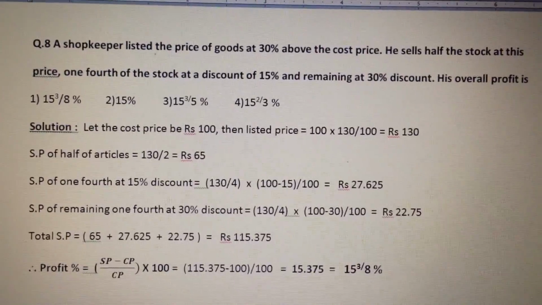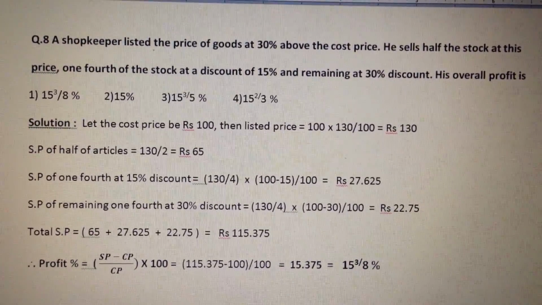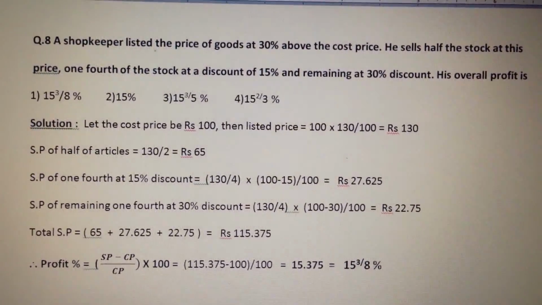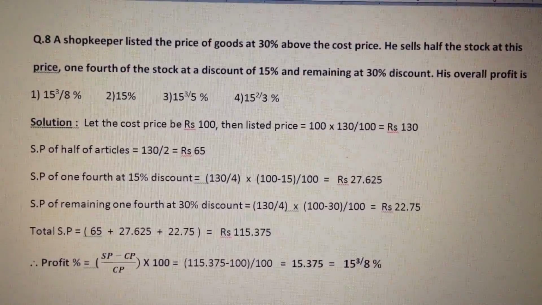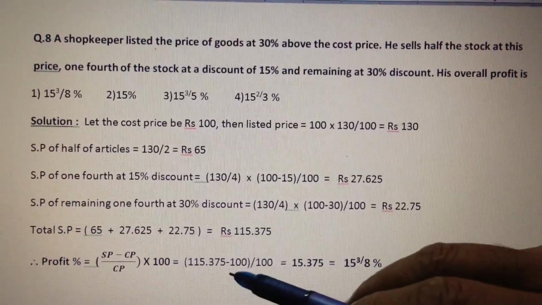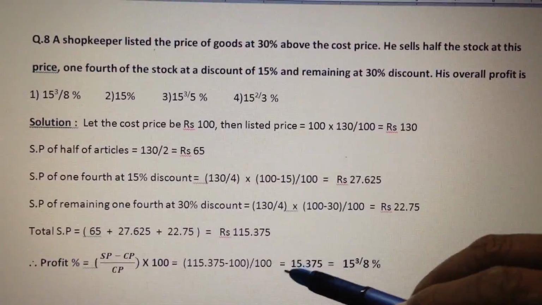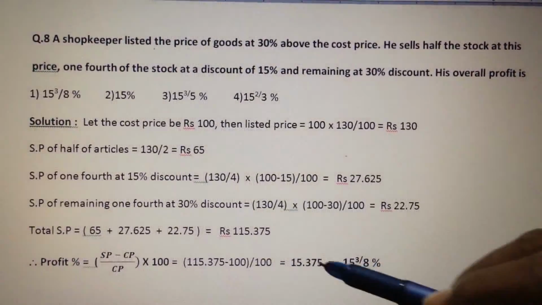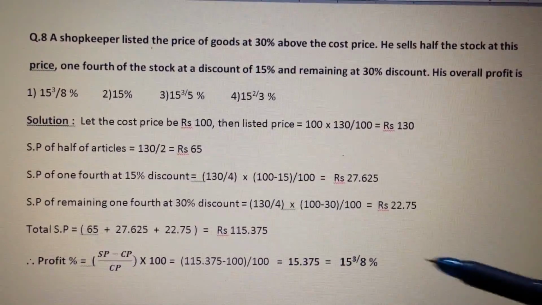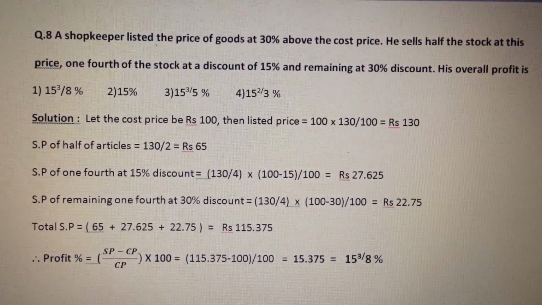Now we are asked to calculate the profit percentage, which is equal to (selling price minus cost price) by cost price into 100, which is equal to (115.375 minus 100) by 100, which is equal to 15.375 or 15 3/8%.